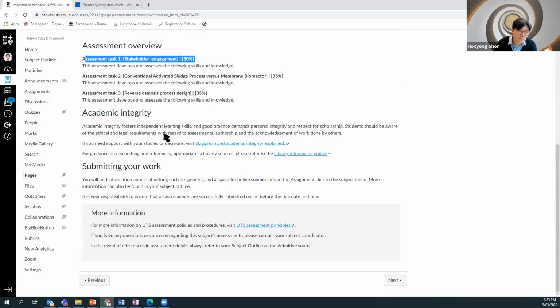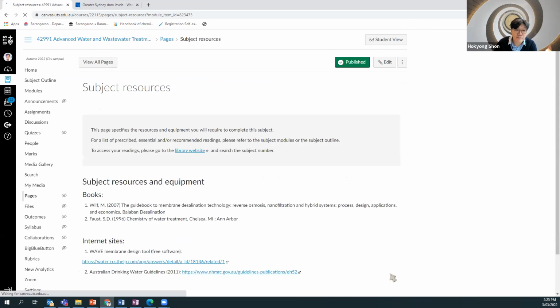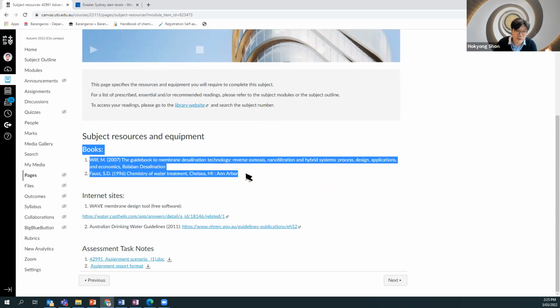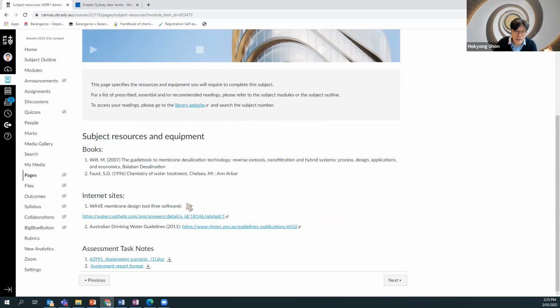Before you start your assessment, we need to look at the basic information: subject, resources, equipment. You can refer to this reading material and these websites. For block 3, we have to install the computer-aided membrane design software tool.